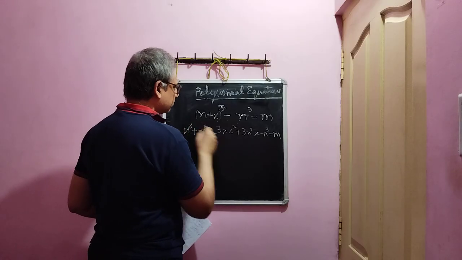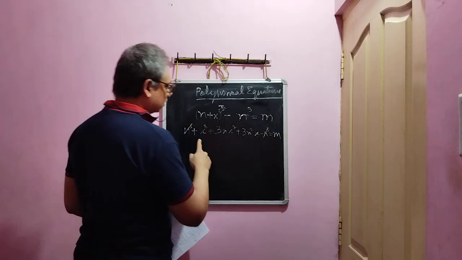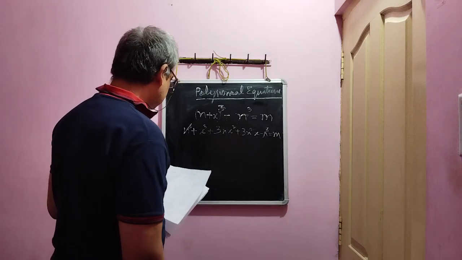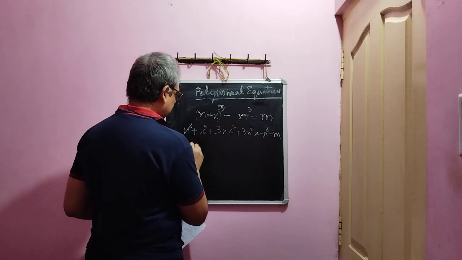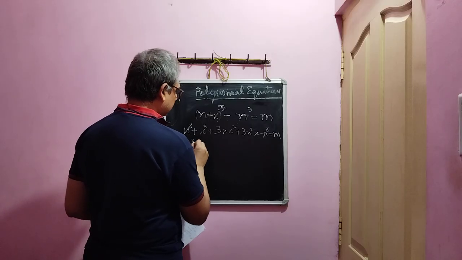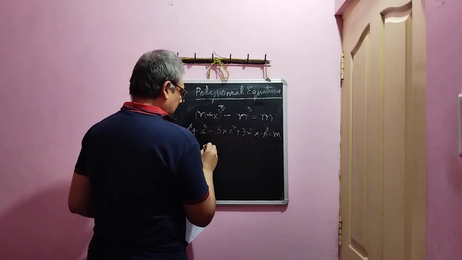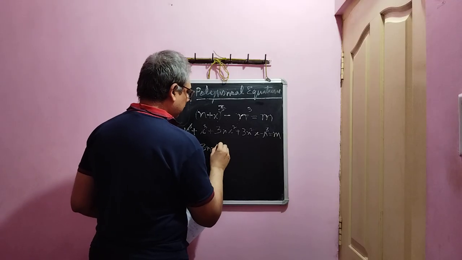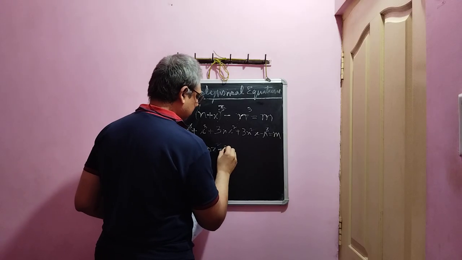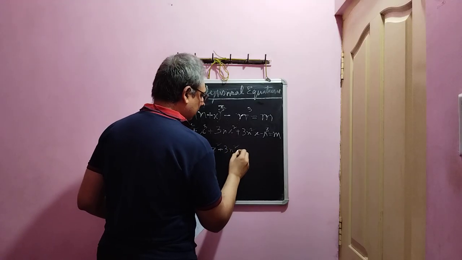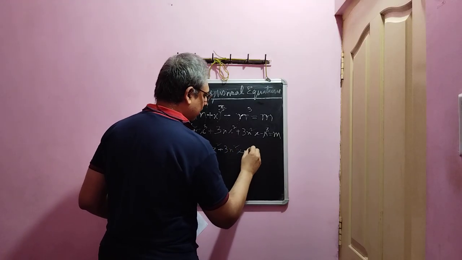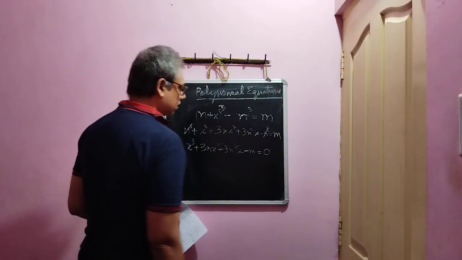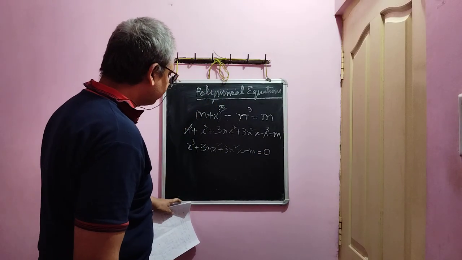Now we have something like a cubic equation here, right? Involving x, so x cube plus 3n x square plus 3n square x minus m is equal to 0. Fine.